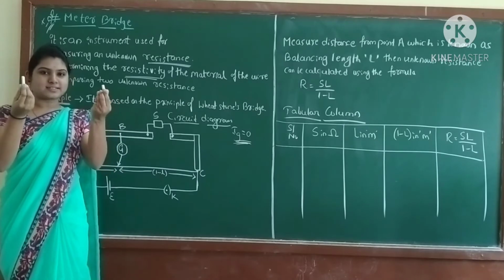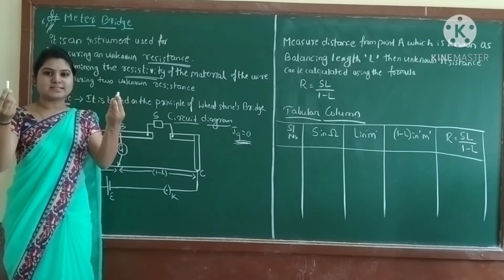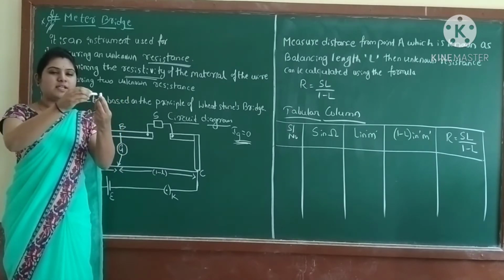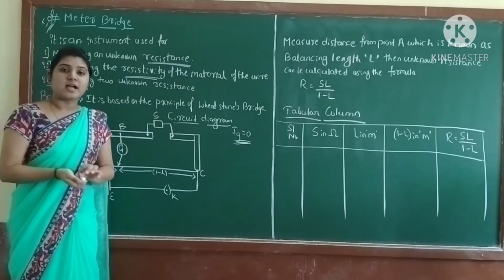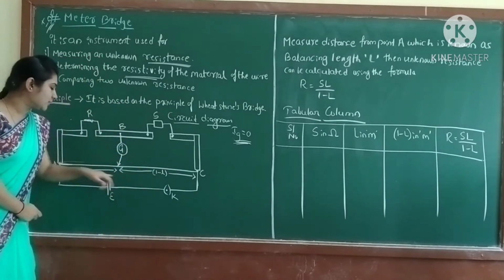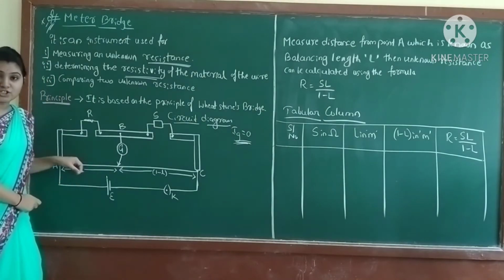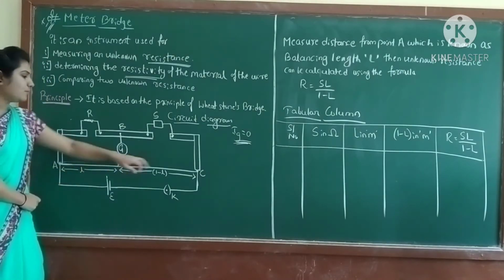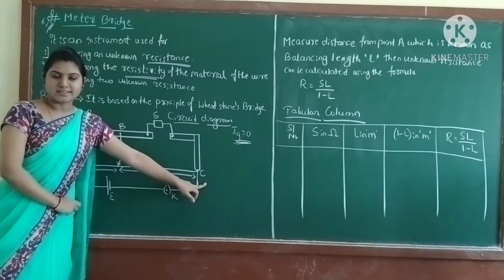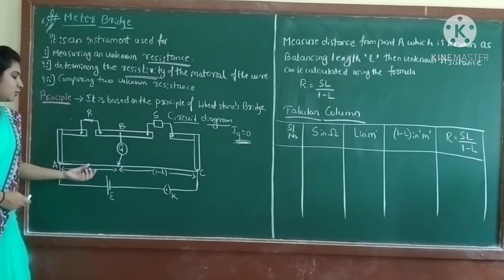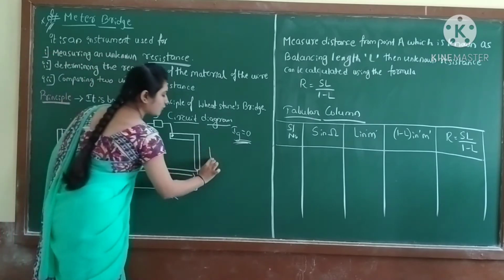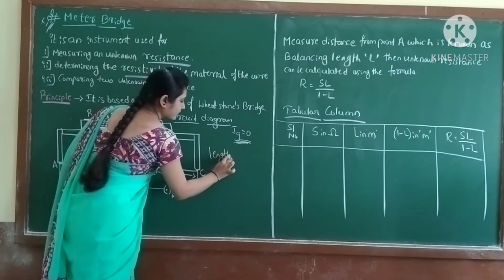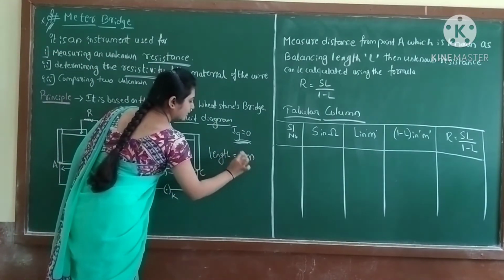Now on this wooden box one wire is stretched from A to C. Then you can take the length of the wire as 1 meter.